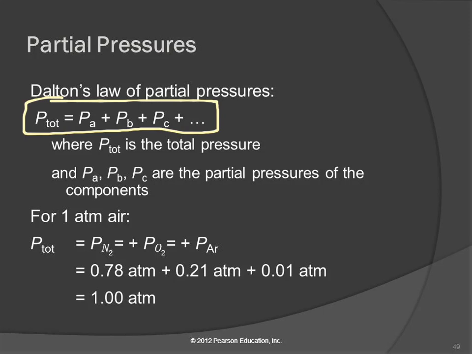So for 1 atmosphere of air, which is normal atmospheric pressure, the total pressure, I just realized there's a mistake in that slide, isn't there?